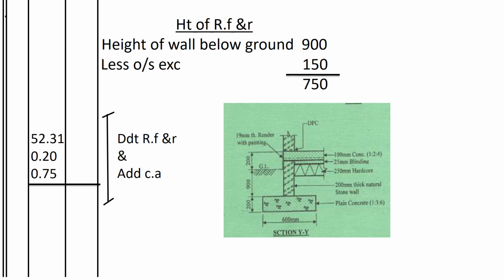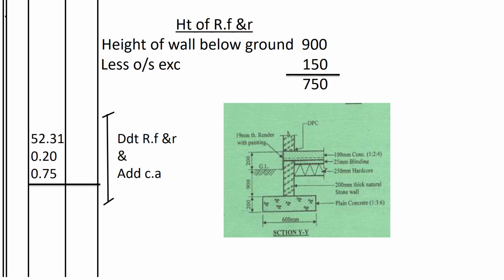So the depth shall be the height of the wall below the ground, because the wall below the ground is the only wall that is replacing the soil. So below the ground the wall is 900. We less the oversight we had excavated, which is 150. So the depth of the wall that has replaced the soil below the ground is 750.